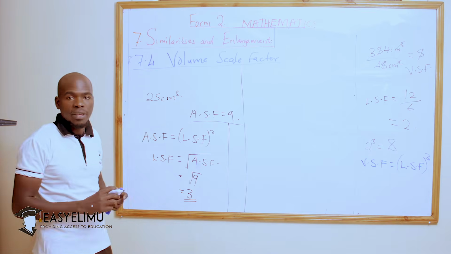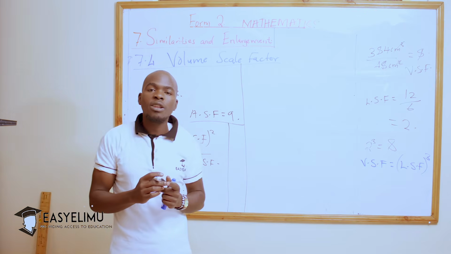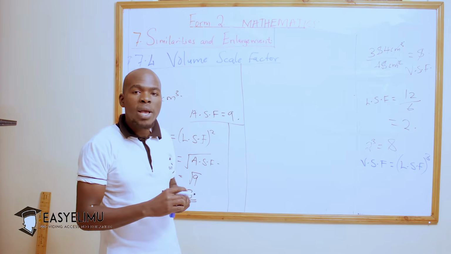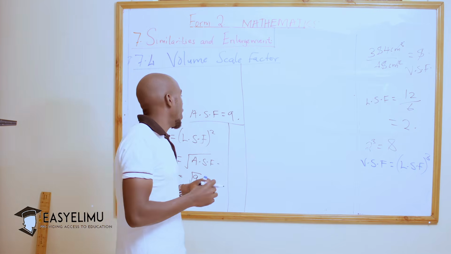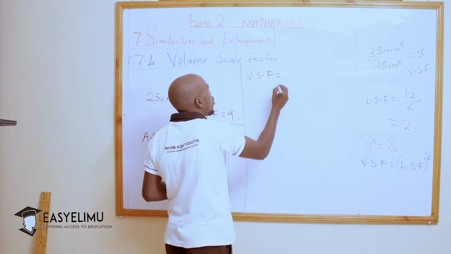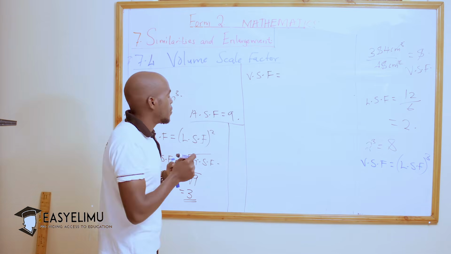But remember one thing. Here we are given 25 cubic centimeters as the volume of the small square-based prism. So we need to find the volume scale factor in order to compute the volume of the larger square-based prism.